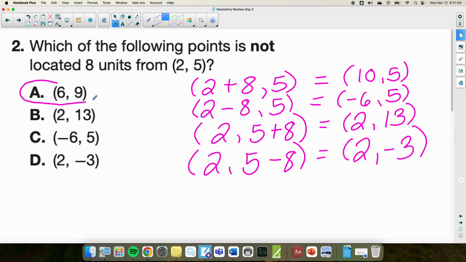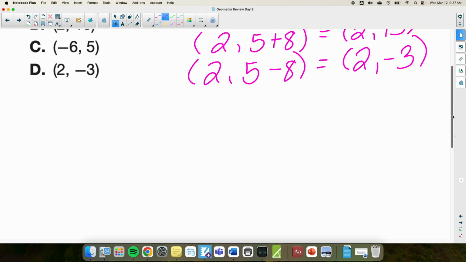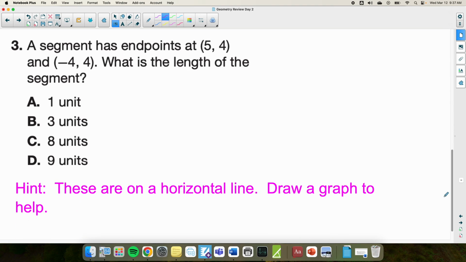But you all want to check all of them just to make sure you didn't make a mistake. 2, 13 is over there. -6, 5 is over there. 2, -3 is over there. So do you guys get that one? Is that okay? All right. So now let's look at this one.